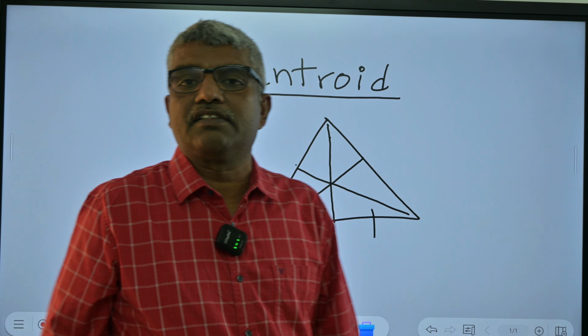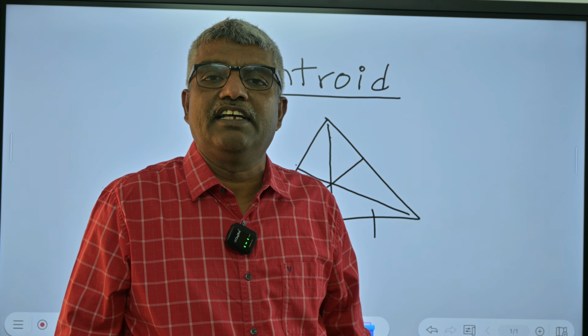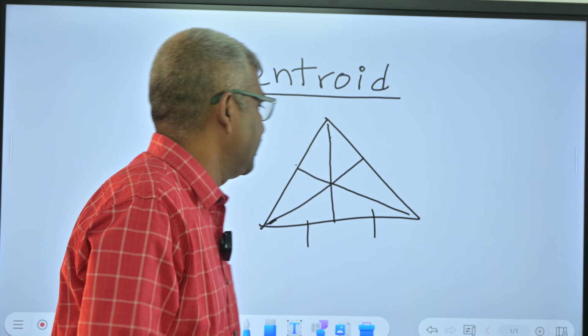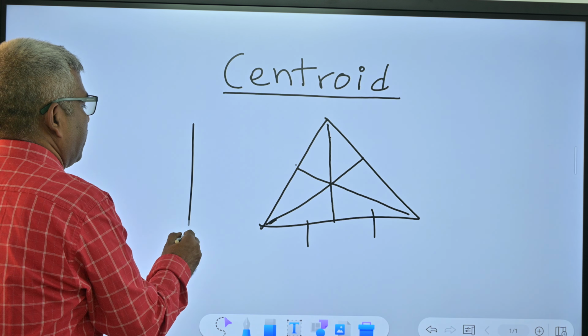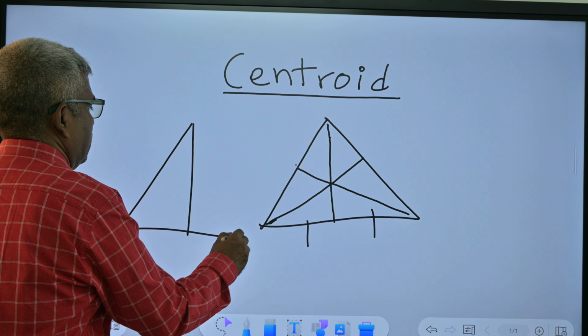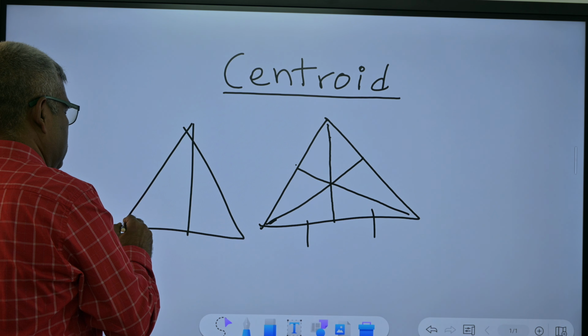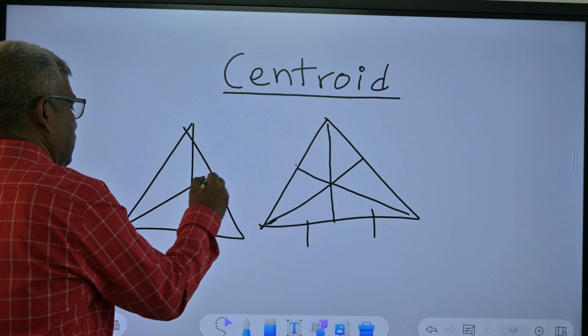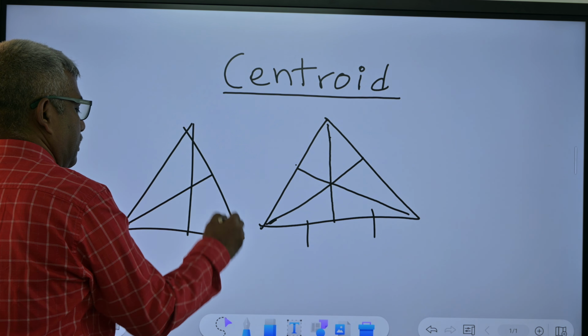The beauty is these three medians intersect at one point. It will not go like this. It will go like this only, because these three medians will intersect at one point. This is called the center of gravity.